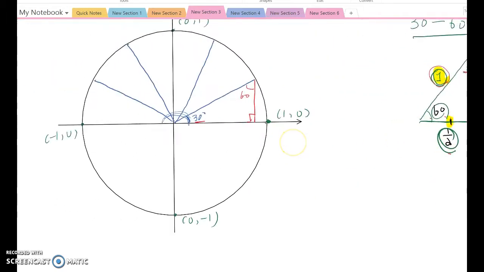Therefore, we know this length becomes root 3 over 2 and this length becomes 1 over 2. This means we can indicate the corresponding values on the y-axis here. So they can be 1 over 2, and now this becomes root 3 over 2. So far so good? Okay.